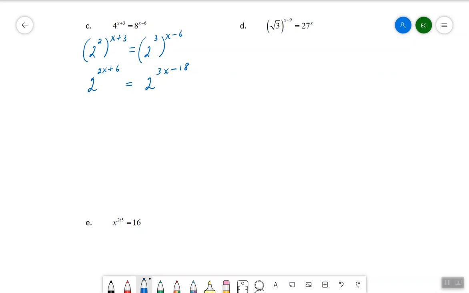And we've got the bases the same, so let's set the exponents equal. 2x plus 6 equals 3x minus 18. And then if we subtract 3x from both sides, we get negative x. And if we subtract 6 from both sides, we get negative 24. And so x is equal to 24.